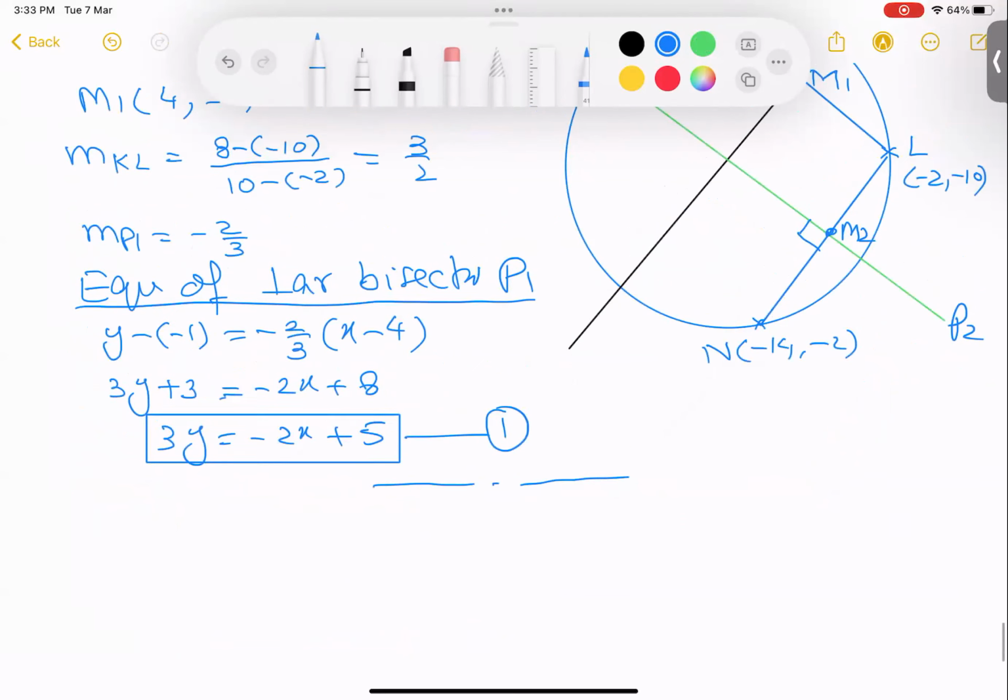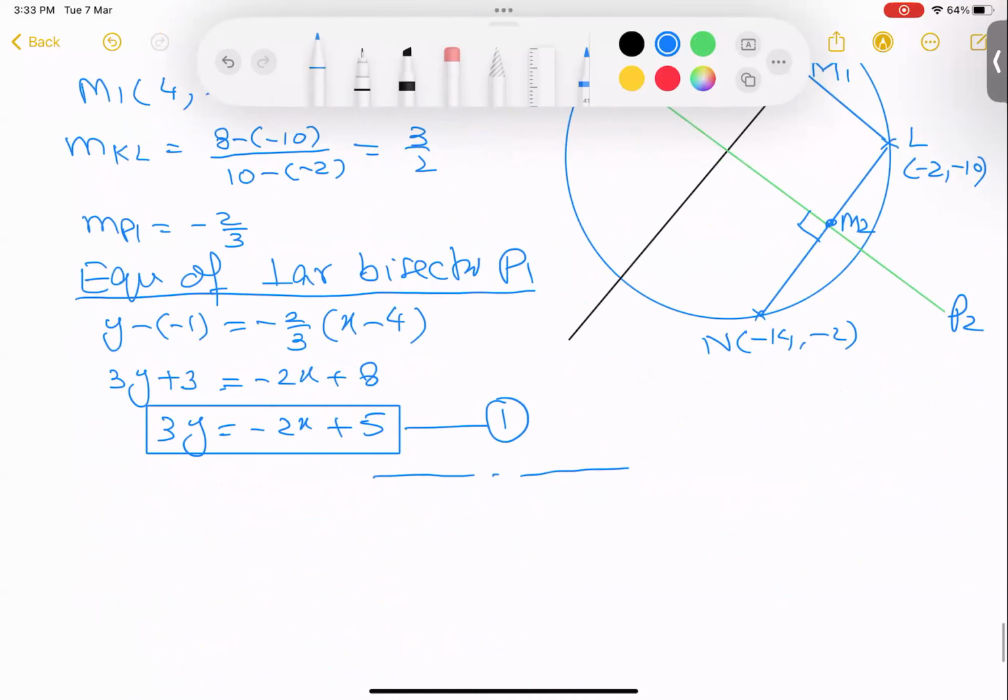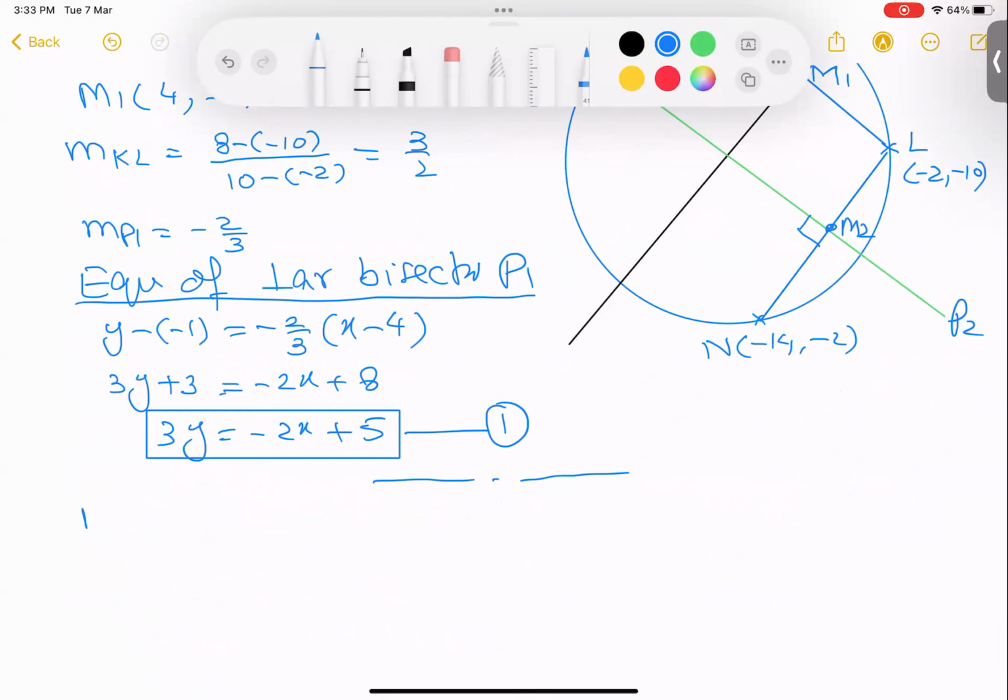Midpoint, so the midpoint I'm finding is called M2, x1 plus x2 divided by 2. Okay, wait a minute, I'll check.